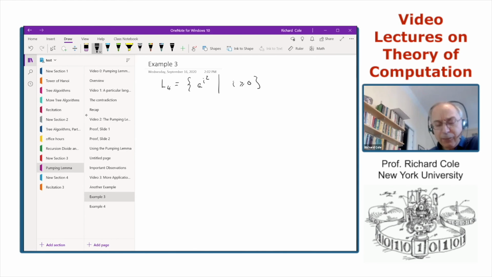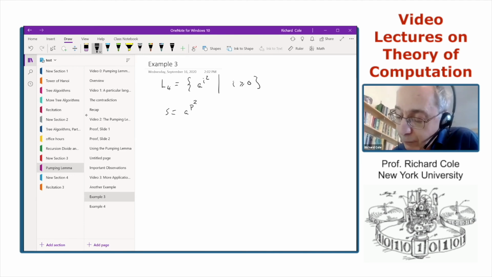And intuitively, it does seem that this can't be regular. How would you test that you've got a quadratic number of A's in your string? And so let's try and use the pumping lemma to prove it. Again, we suppose that L4 is regular for a contradiction. And then for long enough strings that are in the language, we know that they can be pumped. So let me look at the following string. S is a to the p squared, where p is the pumping constant for this language.